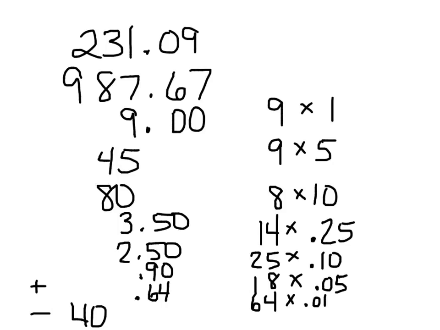So, grabbing my calculator, I'll do it too. 231.09 plus 987.67 plus 9 plus 45 plus 80 plus $3.50 plus $2.50 plus 90 cents plus 64 minus 40. I know what I got. Anybody else get something?